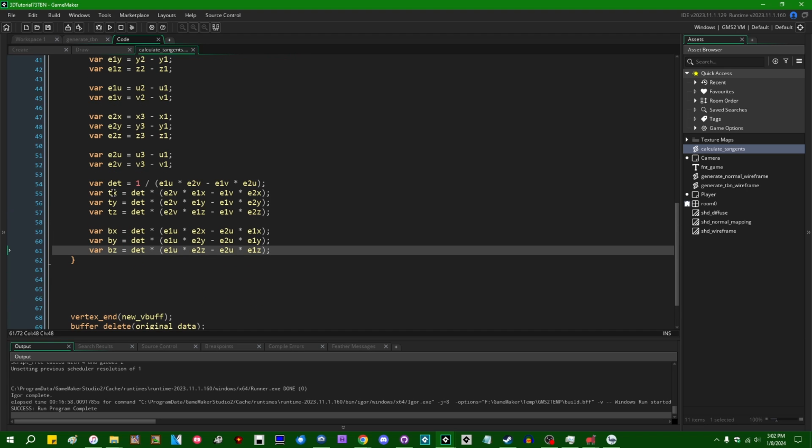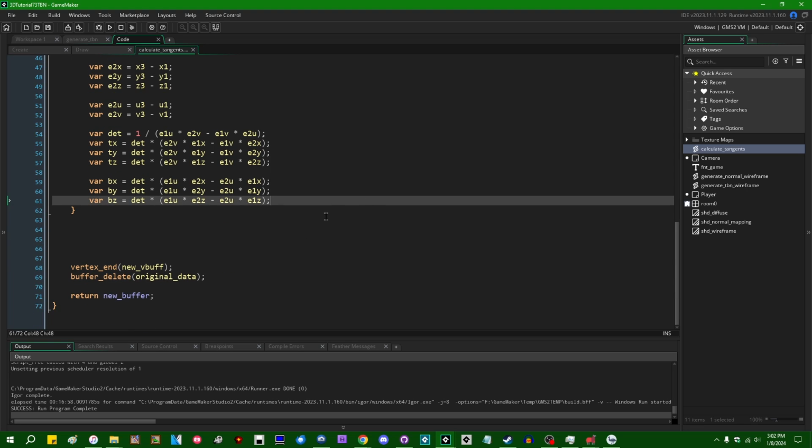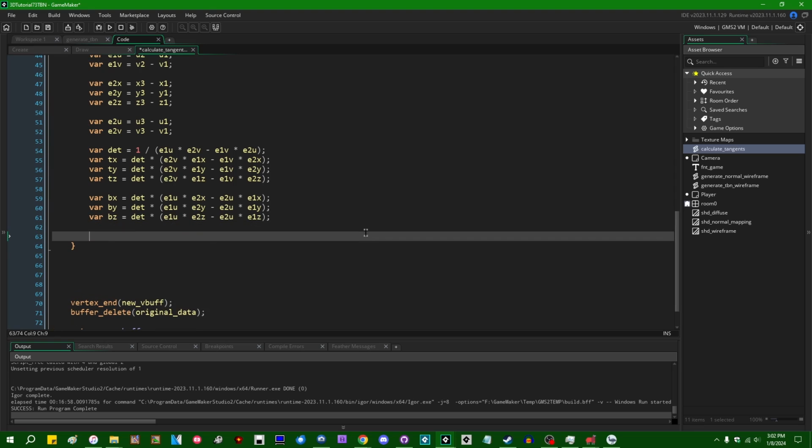So next, these tangent and bitangent vectors are not necessarily going to have a magnitude of 1, and we like our vectors which represent directions like this, rather than positions, to have a unit length of 1. So we can just normalize these vectors.